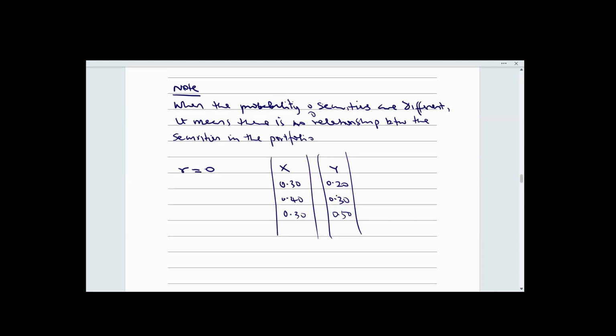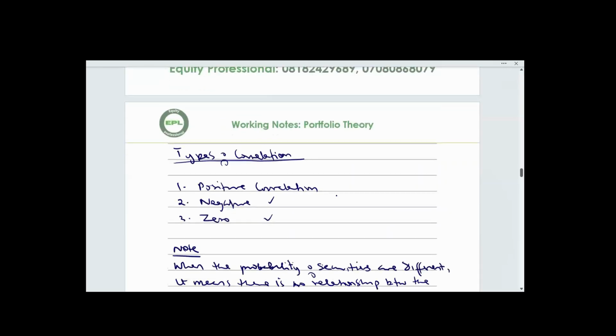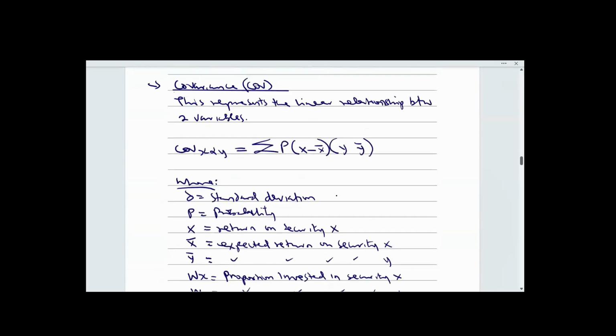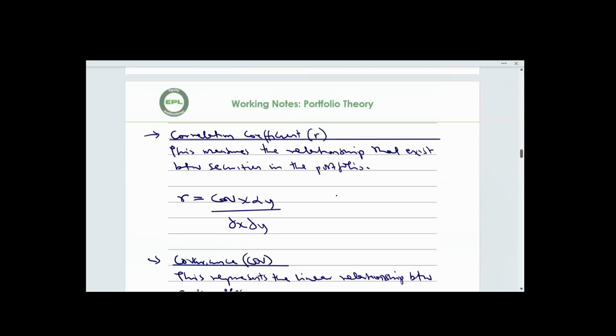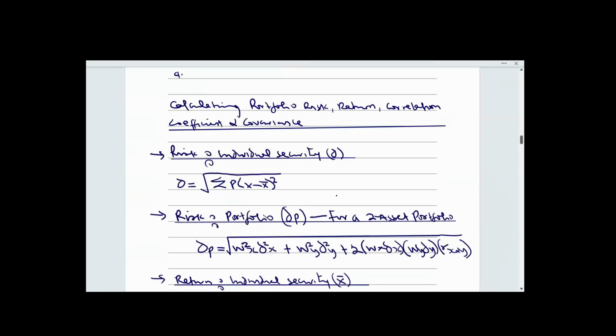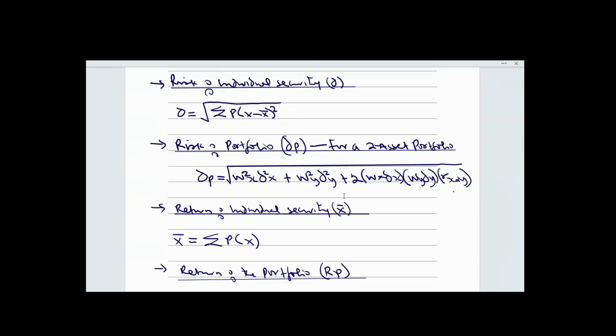When you are calculating the risk of the portfolio, where you have the correlation coefficient, this R will be equal to 0. When the probabilities of the two securities are different, it means that there is no relationship between the two securities.